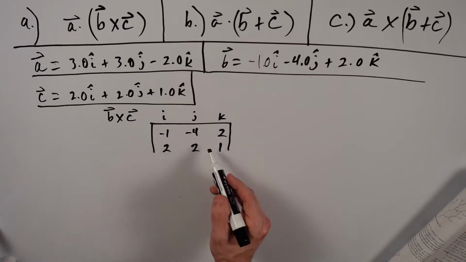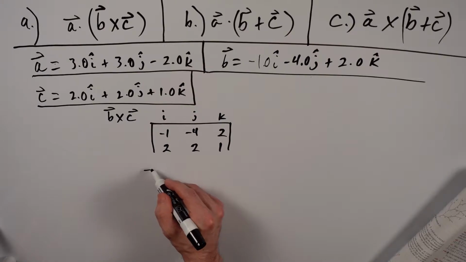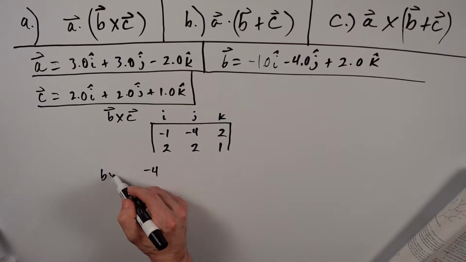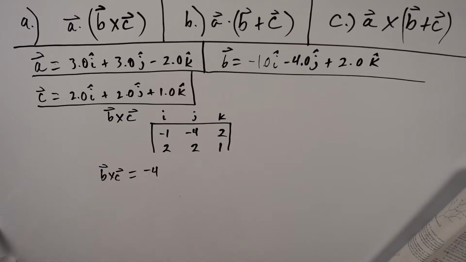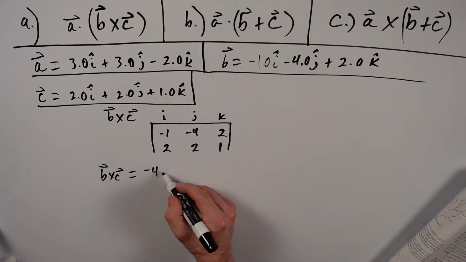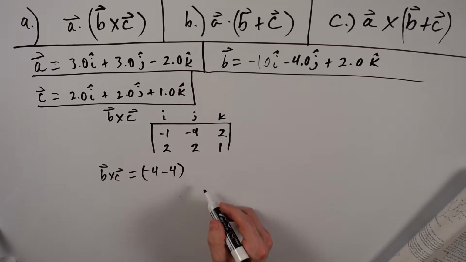Okay, so we're going to do this cross this, and that should be -4. Call this B cross C down here. These little arrows on top indicate that they're vectors and not scalars. So you get -4, and then you get -4. So this is the first portion.